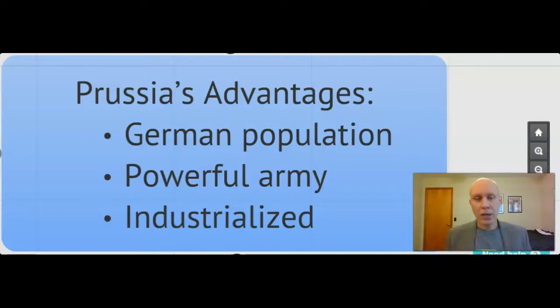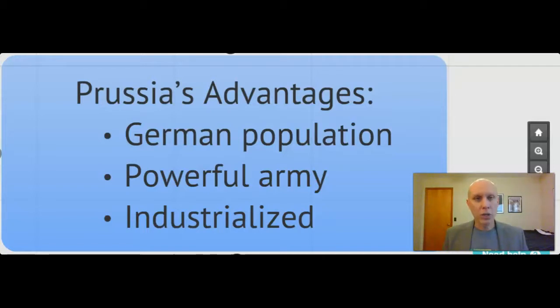That doesn't necessarily mean it made Prussia better because they were like that, or that a place is worse if they're not like that. But as far as cohesiveness and having people likely desire the same kinds of things, that's going to go up if you have people that are predominantly from the same background, in this case, a Germanic background. They also had a powerful army relative to the rest of the German states.